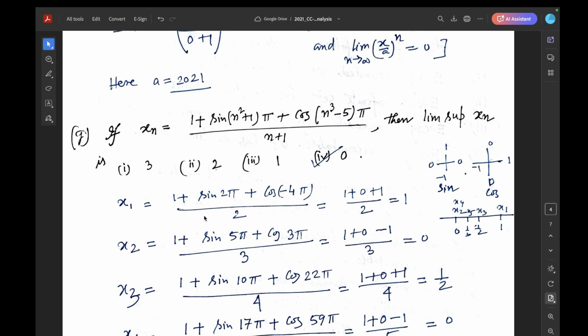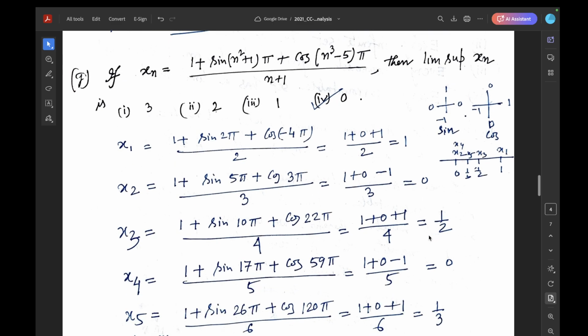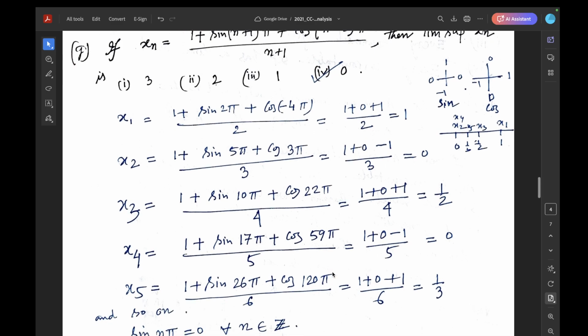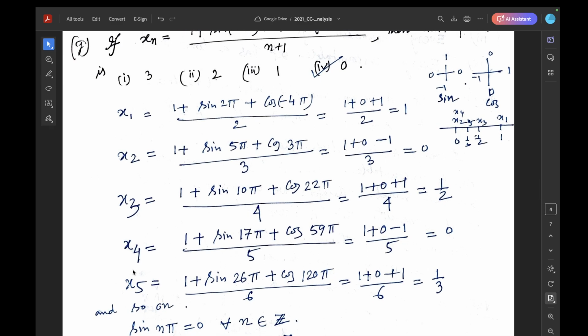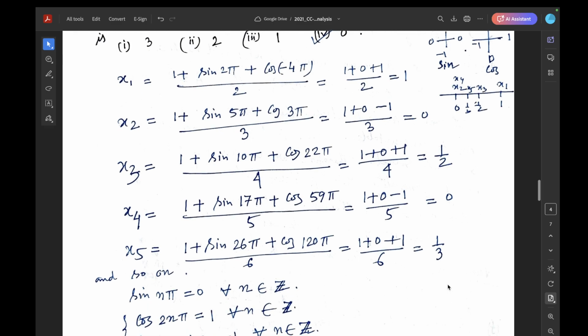Put n equal to 1: (1 + sin 2π + cos(-4π)) divided by 2, and this equals 1. x_2 equals (1 + sin 5π + cos 3π) divided by 3, which is equal to 0. x_3 equals 1/2. x_4 equals 0. x_5 equals 1/3, and so on.